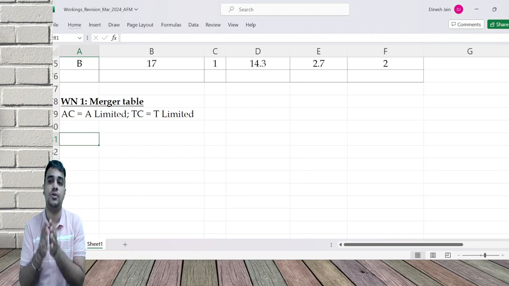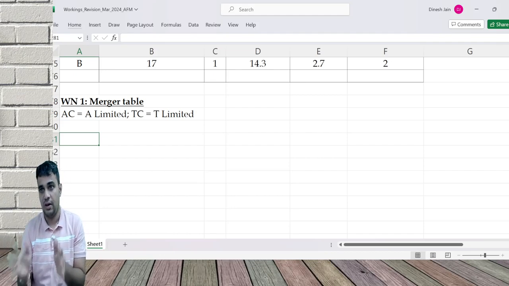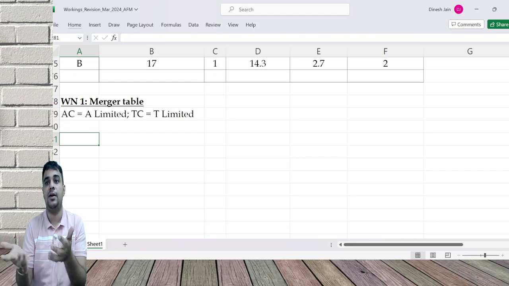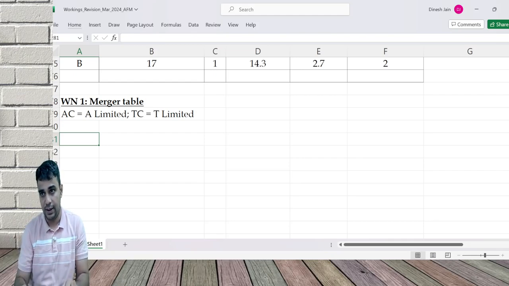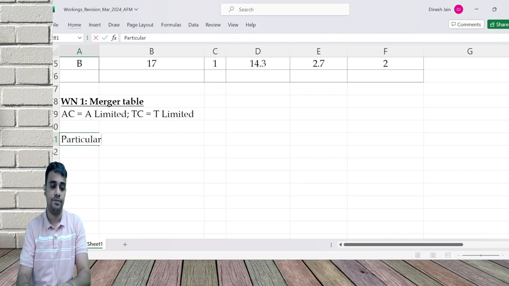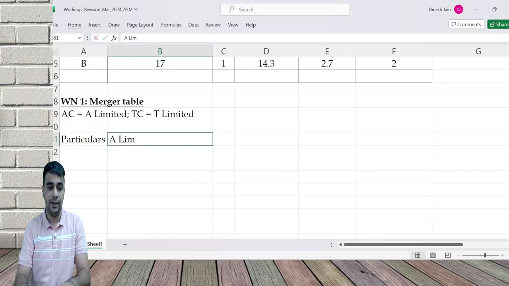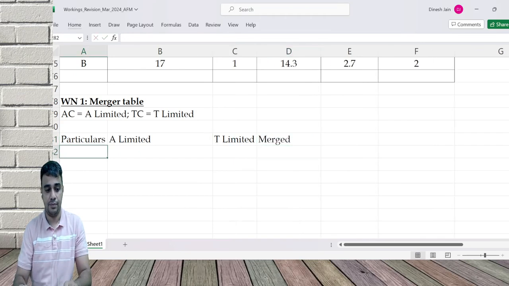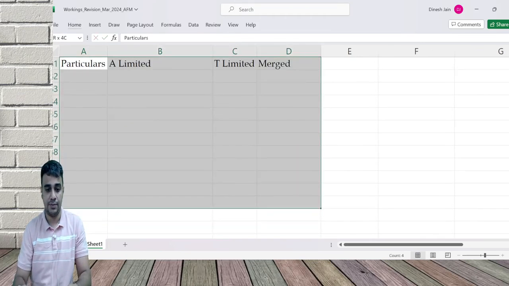So normally I tell students to have space for 6 columns. We'll open only 4. If needed, the 5th column will open. If needed, another column will open. And if further needed, then we'll have to recreate the table. Particulars, A Limited, T Limited and merged.